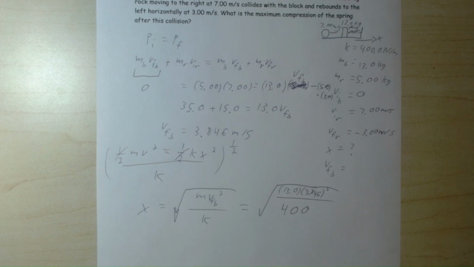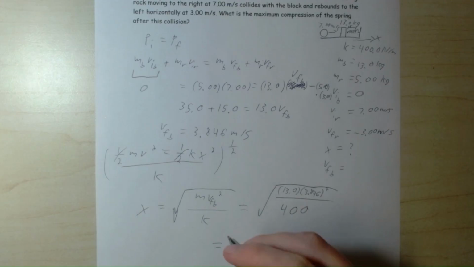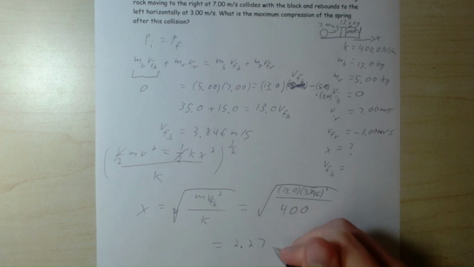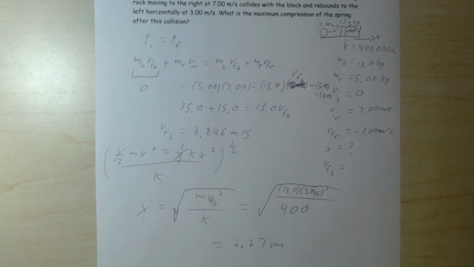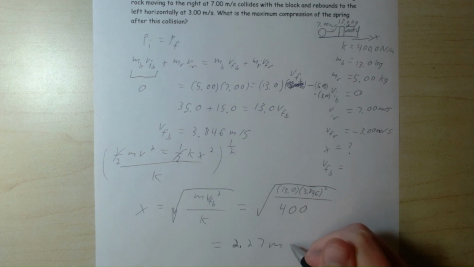Punching this into our calculator, we get approximately 2.27 meters as our final compression distance for x. And this certainly is a plausible value. So this 2.27 meters is our answer.